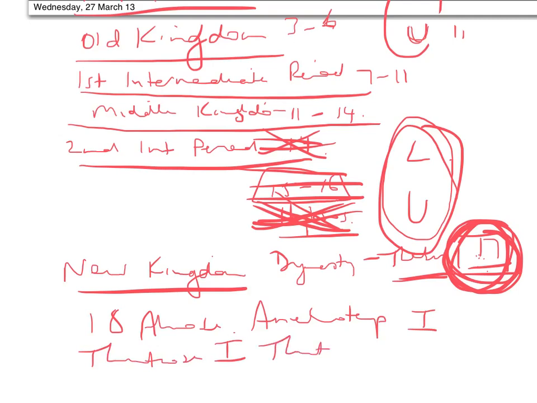Then we have Thutmose the second, who is Hatshepsut's brother and also her husband, because they did that. And then we have Hatshepsut, and that's where she fits into that whole New Kingdom period. That's our overview of this period.